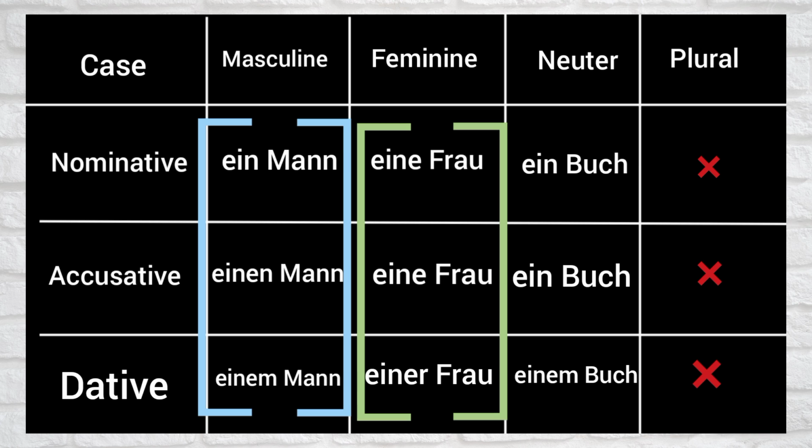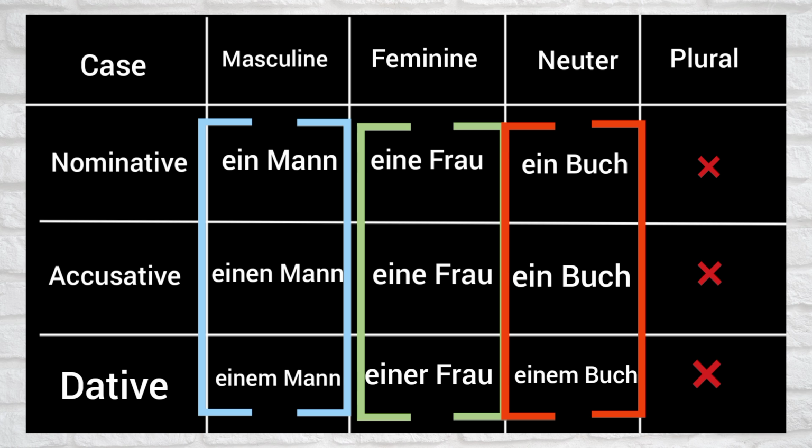From eine Frau it becomes einer Frau in dative case. Neutral singular noun ein Buch remains the same in accusative case, ein Buch. From ein Buch it becomes einem Buch in dative case.